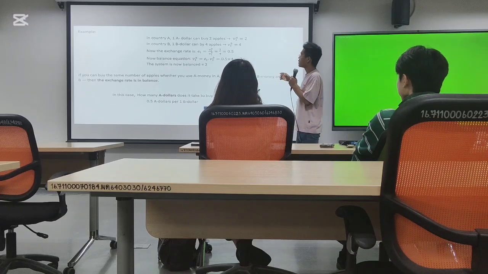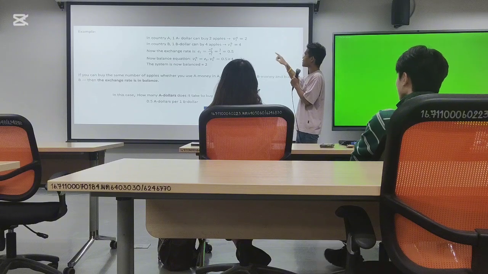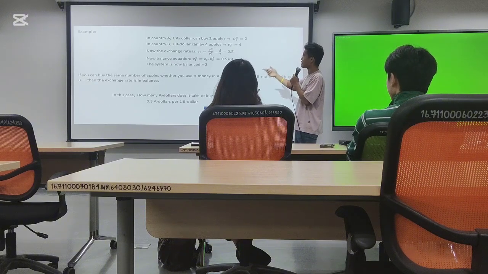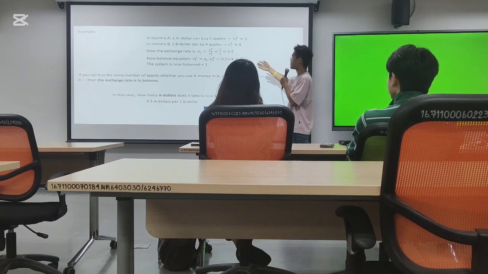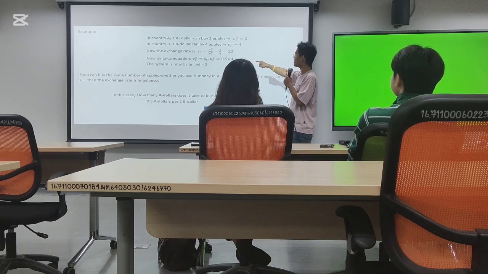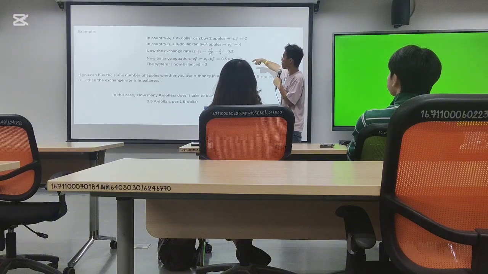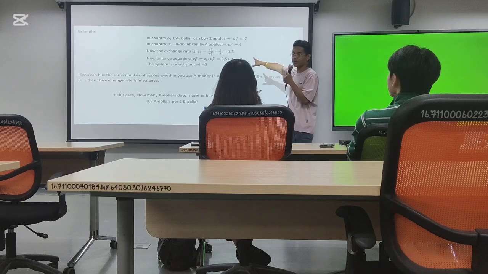So the exchange rate between the two countries is 0.5. If we want to balance that equation, we want VAT, which is ET times VBT, so we get 2. It becomes the same, 2. Now it's balanced, we call it.